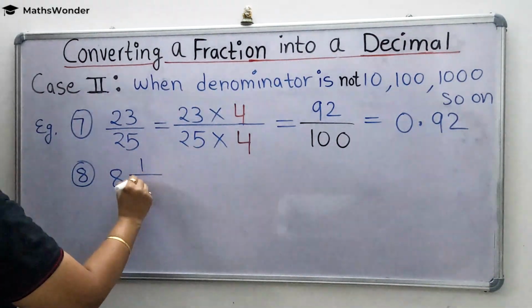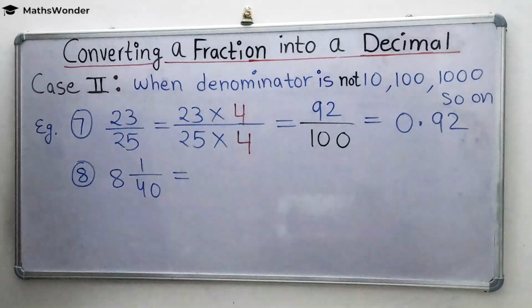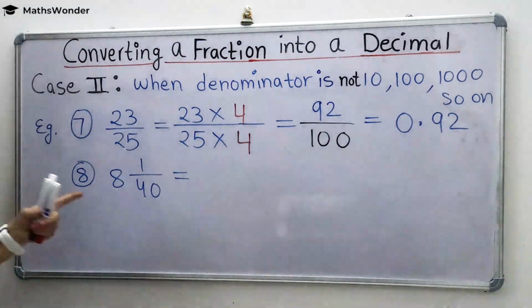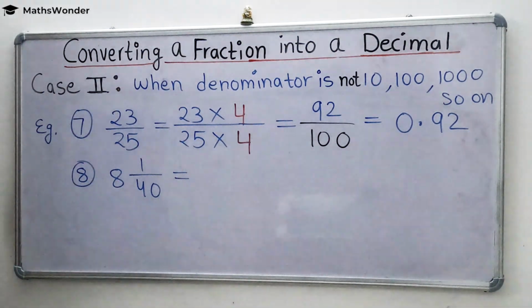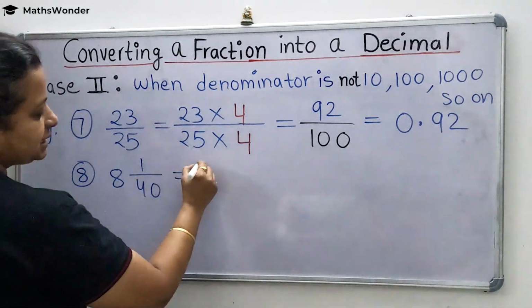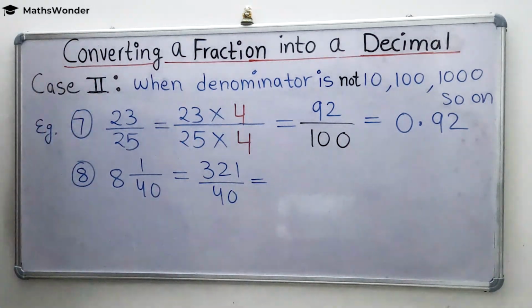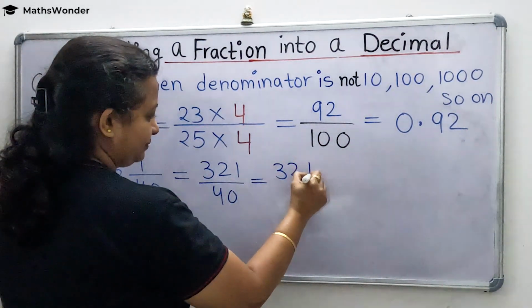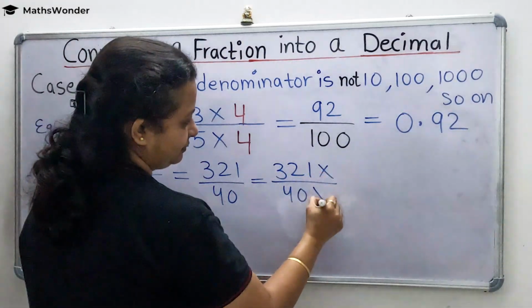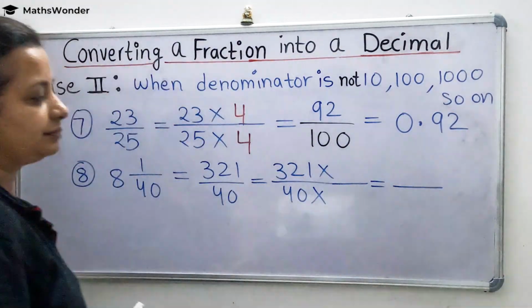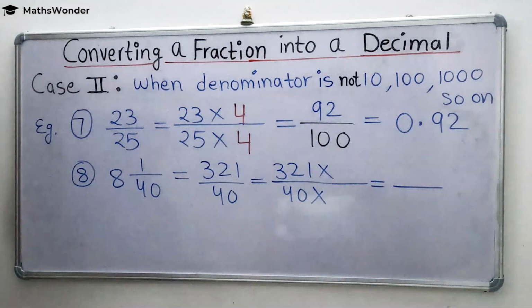Now 8 and 1 over 40. How will you do it? 40 times 8 will be 320. 320 plus 1 is 321 over 40. Which number can we convert 40 into? Is 100 possible?